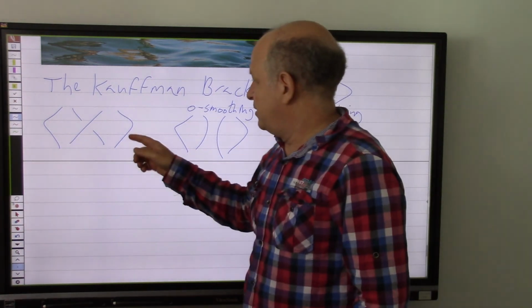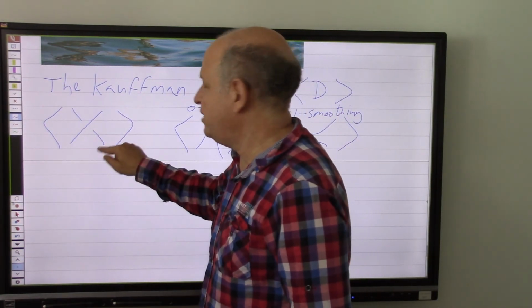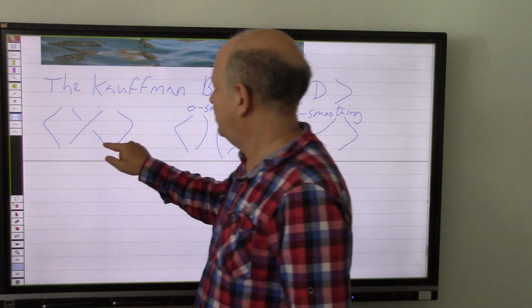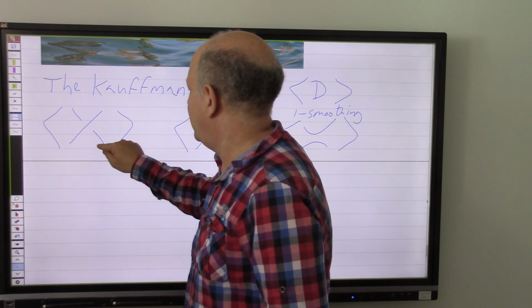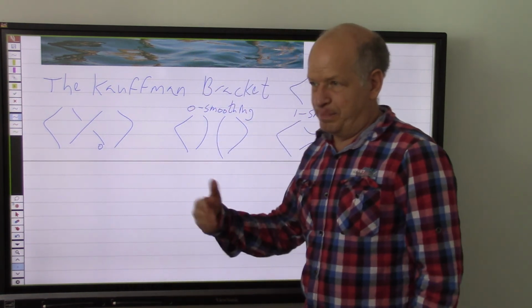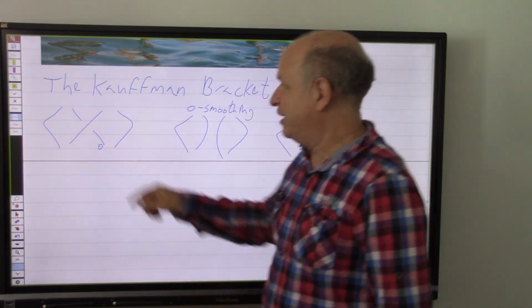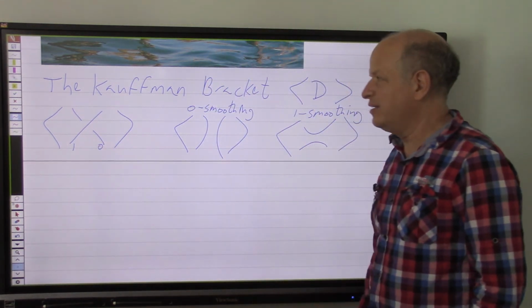Basically, I think of the node as an interchange, a highway interchange, and I call the lower strand level 0, and the upper strand level 1.